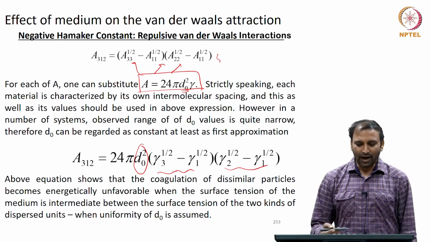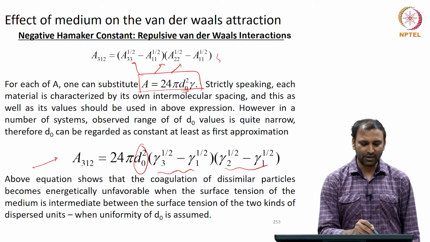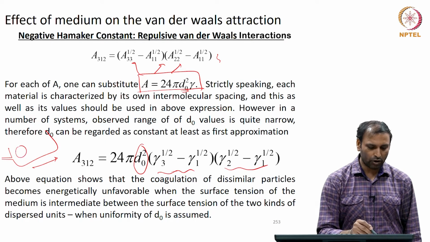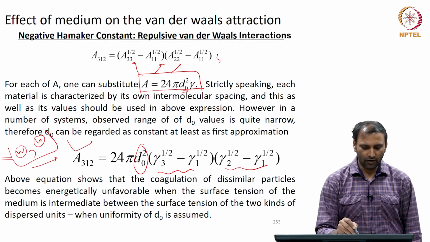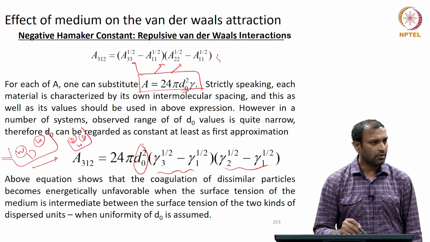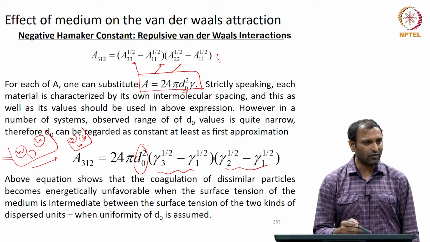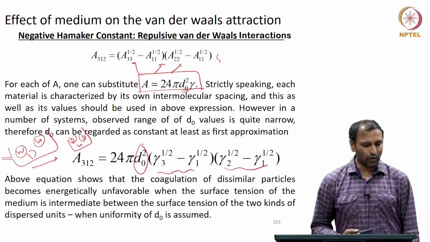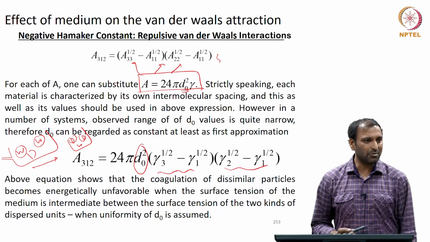I think this would be a nice approach if you are looking at something like an emulsion, for example, water droplets in decane, an oil, or decane droplets in water. In such a case, when you are working with a liquid-in-liquid dispersion, you can assume that your d naught is very similar in magnitude.